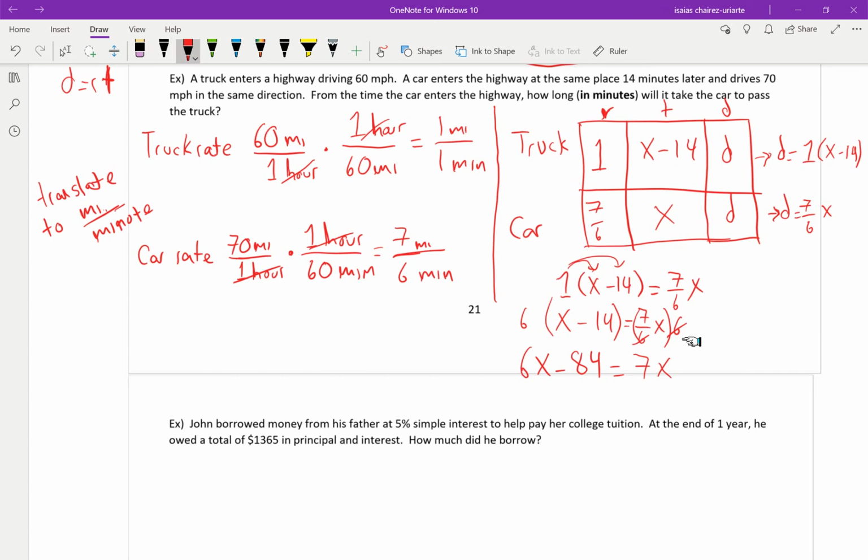And so now it's just a matter of solving for x. So let's see, how do we solve for x here? What we could do is subtract 6x, minus 6x. And so then that would say negative 84 is equal to x.